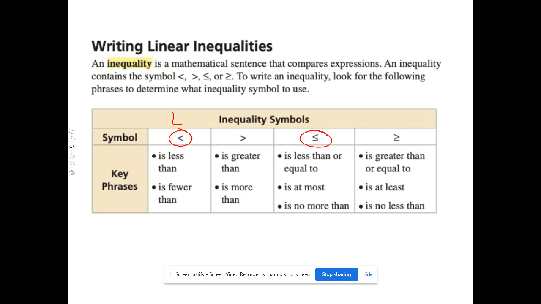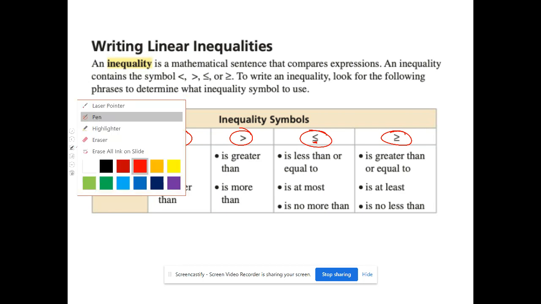All right, so we've got our less than symbol, and key phrases that go with that are is less than and is fewer than. When we've got the line underneath, that's our less than or equal to symbol. So you might hear less than or equal to, at most, no more than. Those are examples of phrases that go along with that. Then we have our greater than symbols, which are here and here. I'm going to use a different color for those.